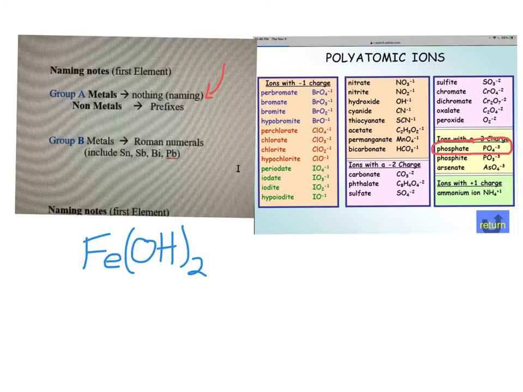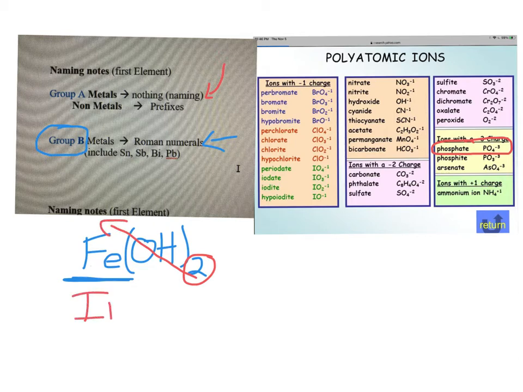Now let's use a polyatomic ion with a transitional metal. This first element, iron, is a group B because it's a transitional metal. Metals that are in the middle use Roman numerals. This number originally came from the iron.